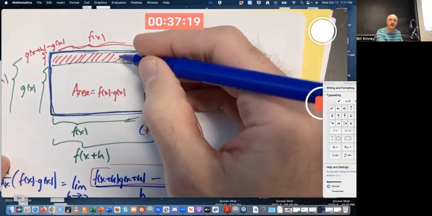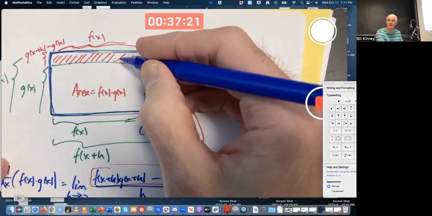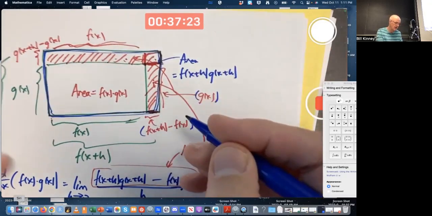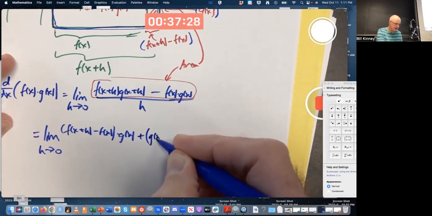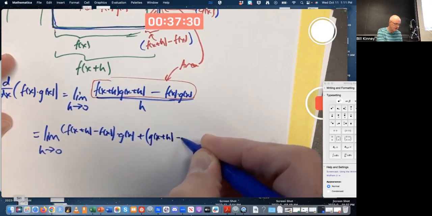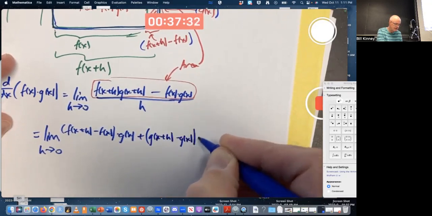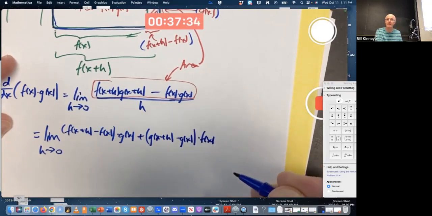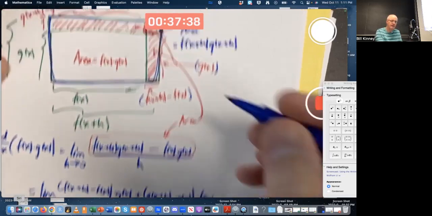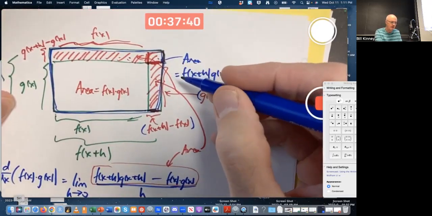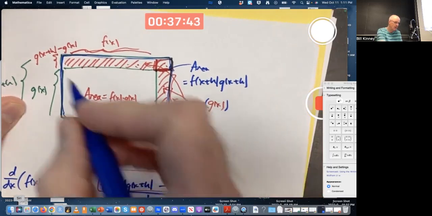Now add this rectangle here. It's going to be a very similar kind of expression, except switch the roles of the f and the g. Plus, in parentheses, g of x plus h minus g of x times f of x. All I did was just switch the roles of the f and the g compared to this one. And then the final, don't forget about the final tiny area. That is the product of this with that.